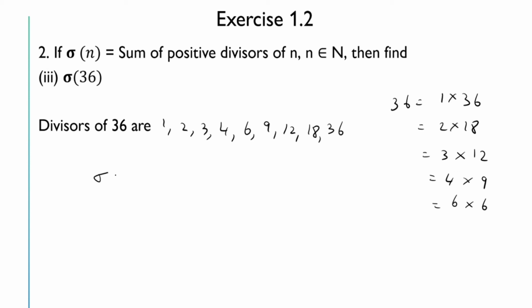So sigma of 36 is the sum of all these. When we add all these, we get 91. I hope this is clear.